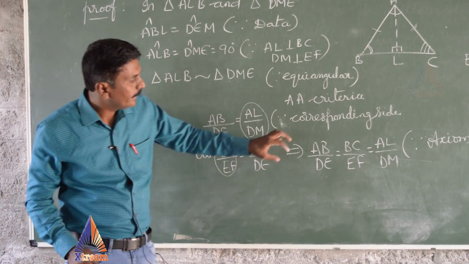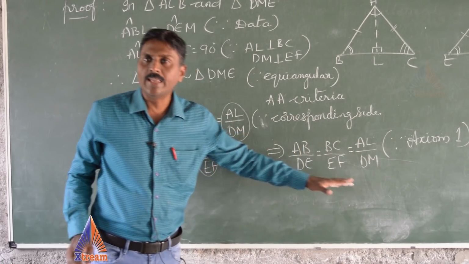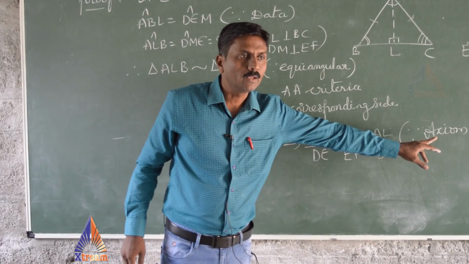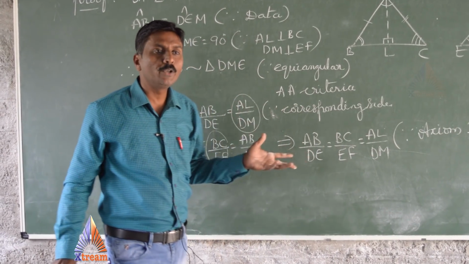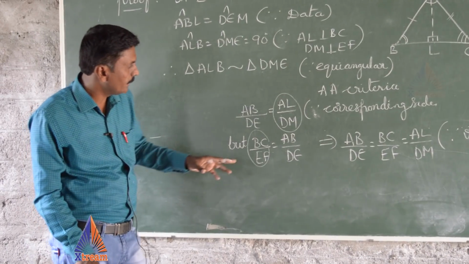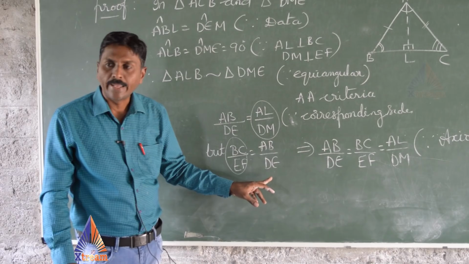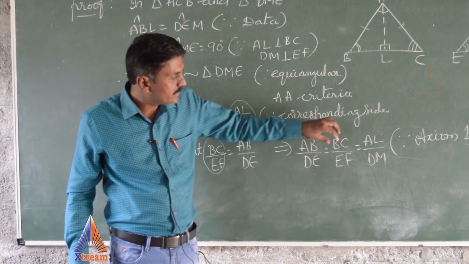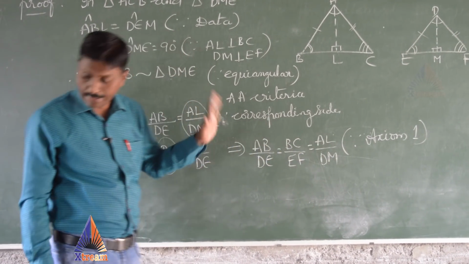Therefore we say that AB by DE is equal to BC by EF is equal to AL by DM.